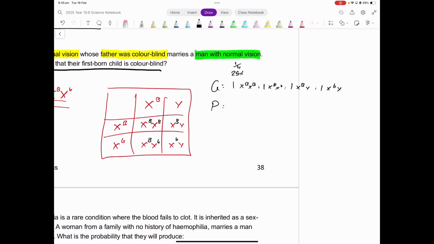But for now, what are our possible phenotypes? Out of the female population, what is the chance that they are unaffected? 100%. Great. So 100% of females will be unaffected. But in this instance, because females make up 50% of the total population for the child, it will be 50% female unaffected. Yes, good, thank you, good pickup.